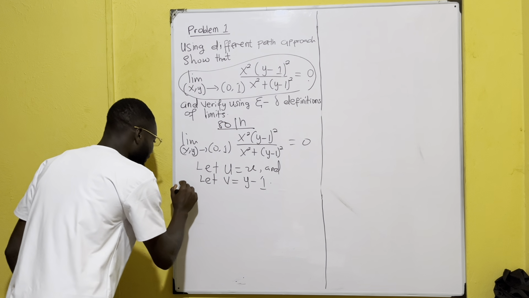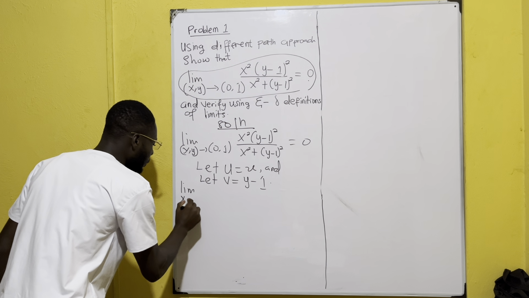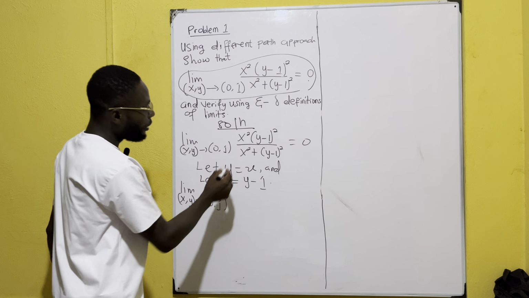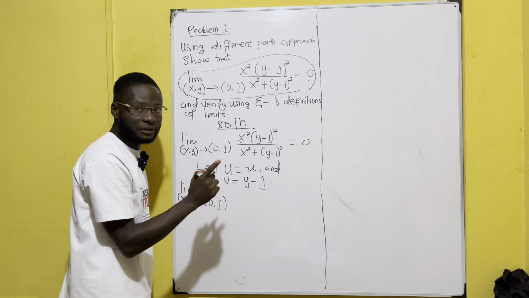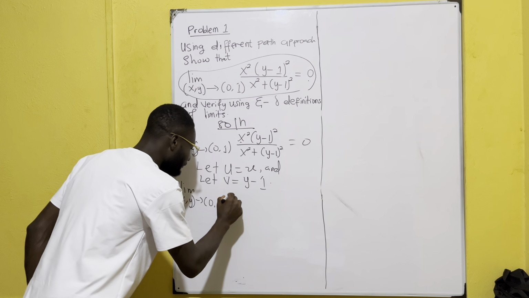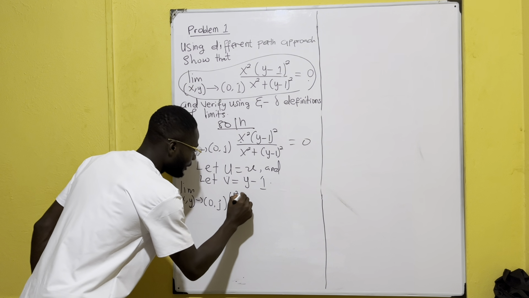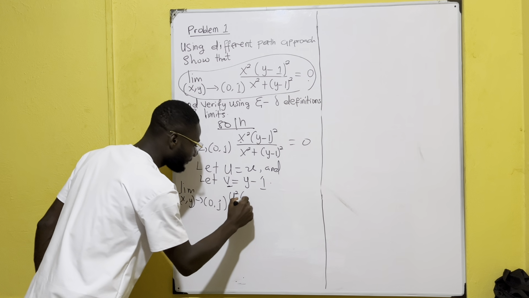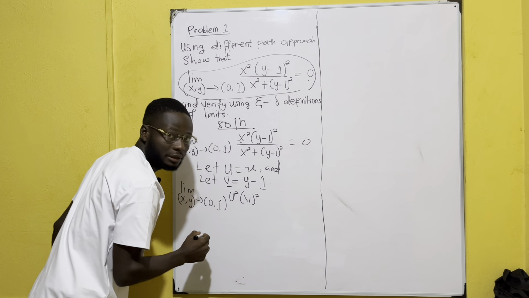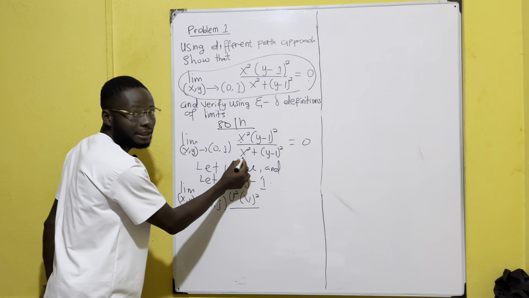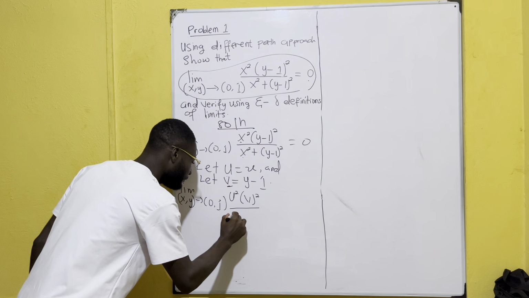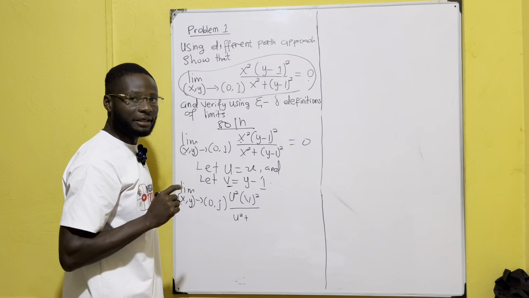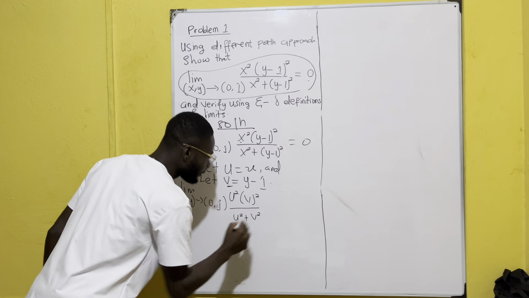So we're going to have the limit as (x, y) approaches (0, 1). Now our x here is u. We are representing that by u. So we have u squared times (y minus 1), which now is v, so we have v all squared, divided by x, now u, so we have u squared plus (y minus 1), which is v, so we have v squared, right?